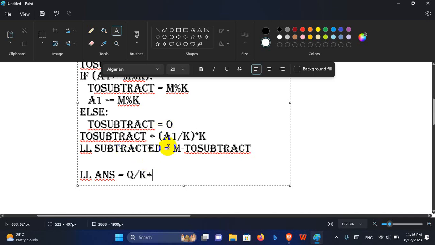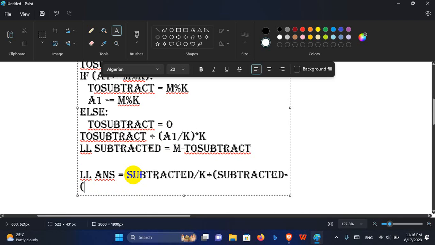subtracted divided by k plus, minus, subtracted, let me call this subter for short, divided by k times k.